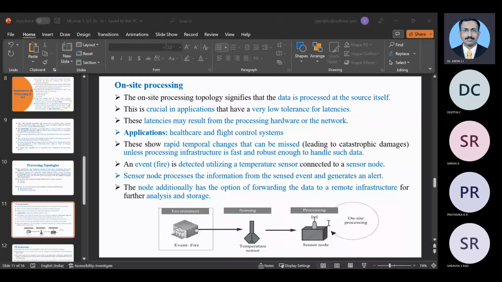The node additionally has an option to forward the data to the remote infrastructure for analysis and storage. So we process the information and then transmit it further to the entire locality. That is called on-site.